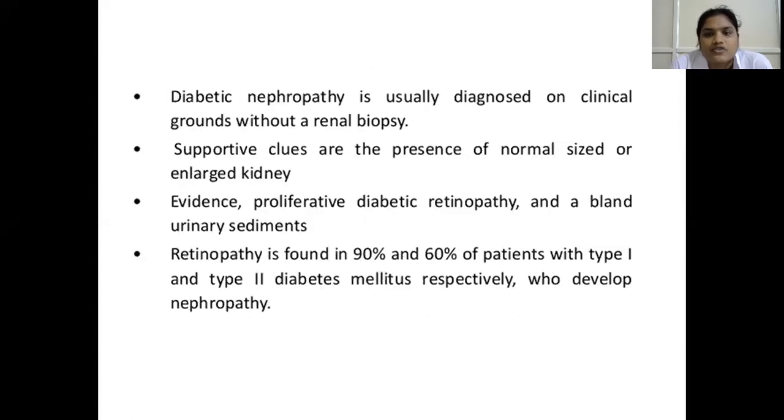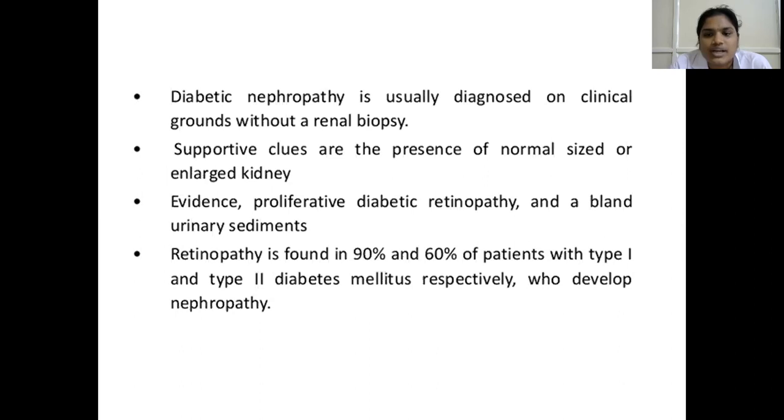Then diabetic nephropathy is usually diagnosed on a clinical basis without any renal biopsy. The supportive clues are, on ultrasound, normal sized or enlarged kidneys, and evidence of proliferative retinopathy and bland urine sediment.